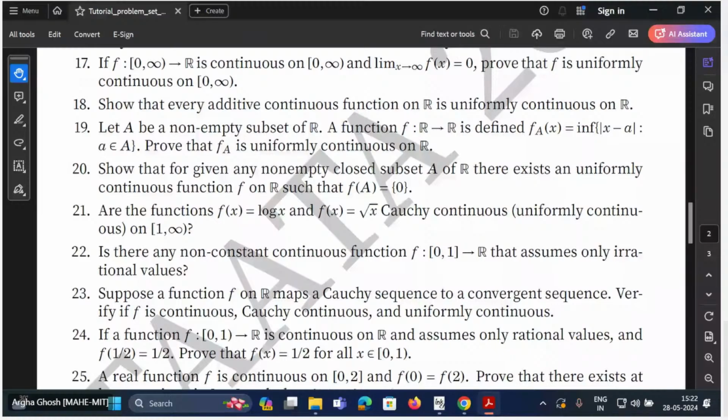Okay, I think it's a non-zero uniformly continuous function you need to find, otherwise the zero function satisfies this property. Or the question is that it's 0 only at A, no other point. So let me modify the question: for any given non-empty closed subset A of R, there is a uniformly continuous function f on R such that the zero set of the function f is the non-empty closed set A.